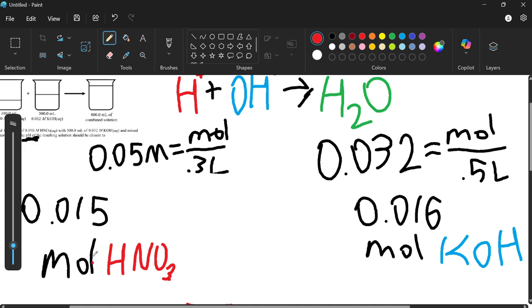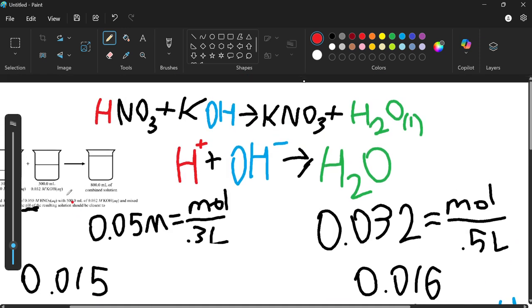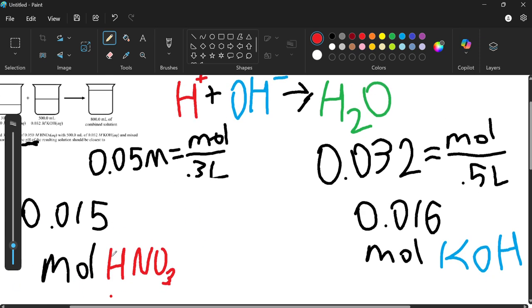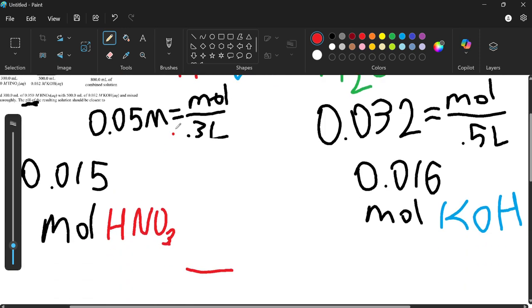And so you just need to find which one runs out first. And because it's an acid-base reaction, typically because all the coefficients are 1 to 1 to 1 to 1, you can actually just choose which one has the lower amount of moles. And so, in this case, by observation, this one is the limiting reagent. And so, let's get into how that's important to the overall calculations.